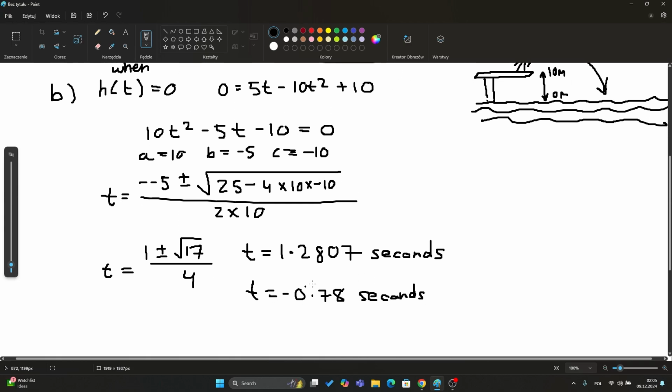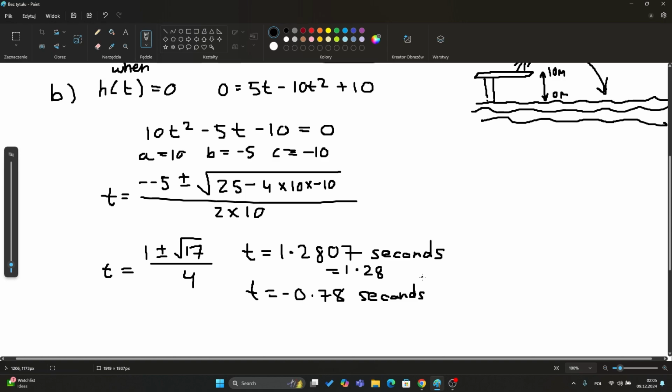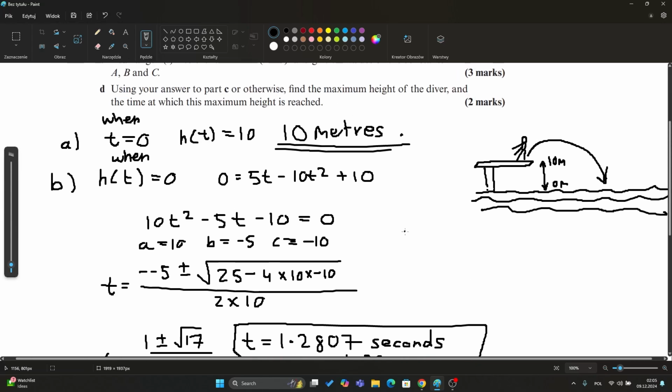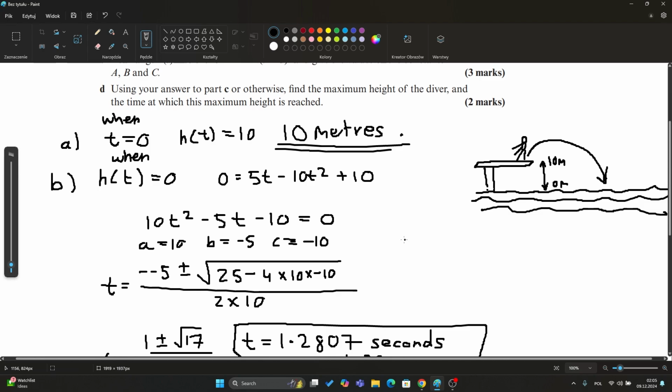We round to 3 significant figures, which is 1.28. Negative seconds cannot be true because we cannot go back in time, so that is not true. And this is true. So use the model to find the time at which the diver hits the water. The diver hits the water at 1.28 seconds.